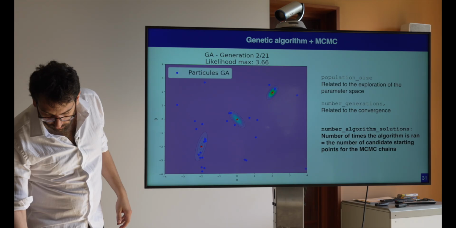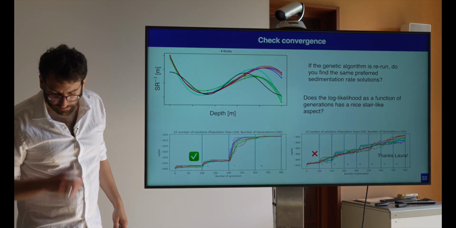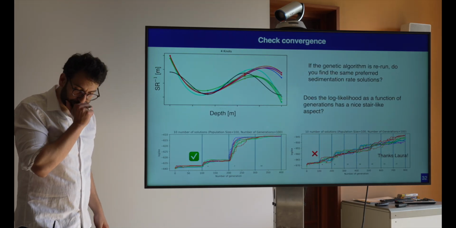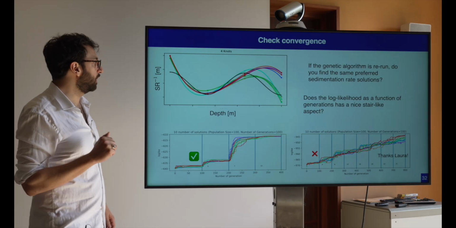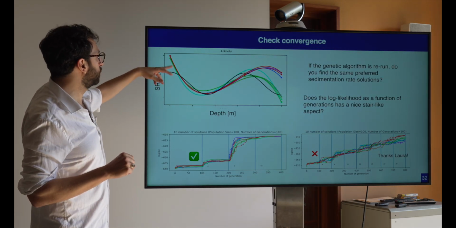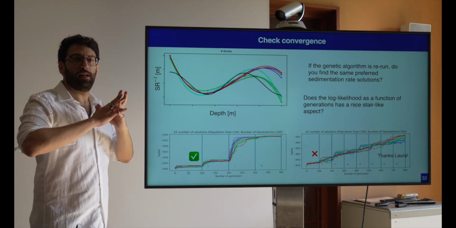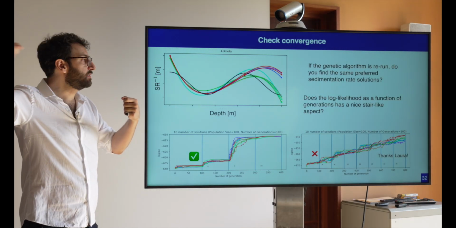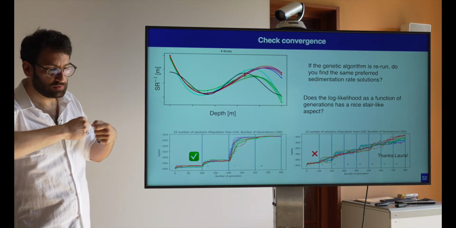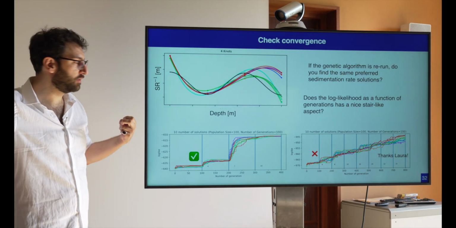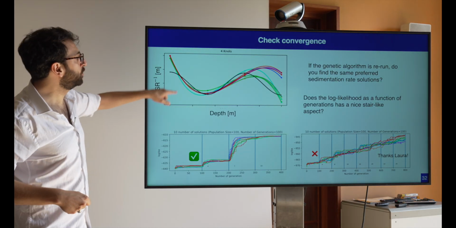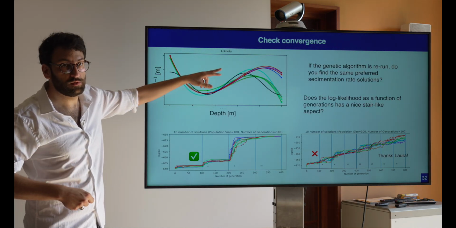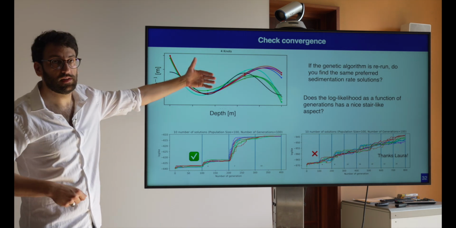And so how can you use that in your analysis? Well, you might want to check that when you increase the population number, when you increase the number of times the algorithm is run and so on, the best solutions you find for the sedimentation rate stay the same.